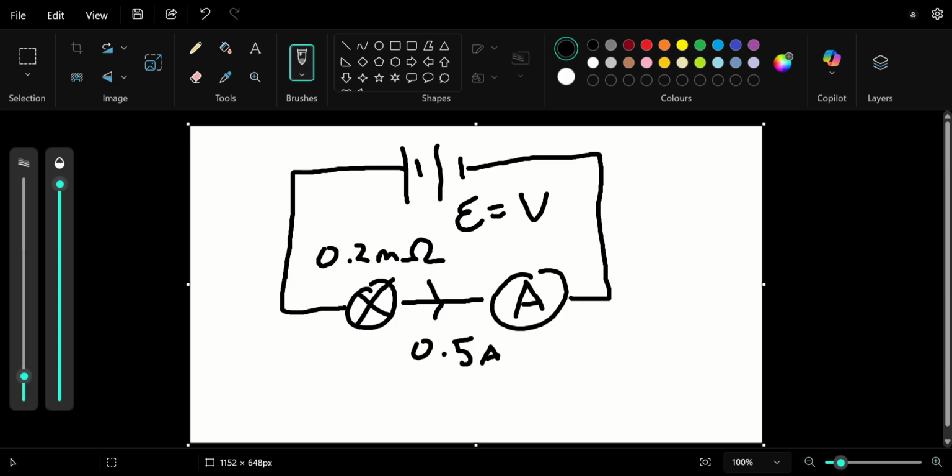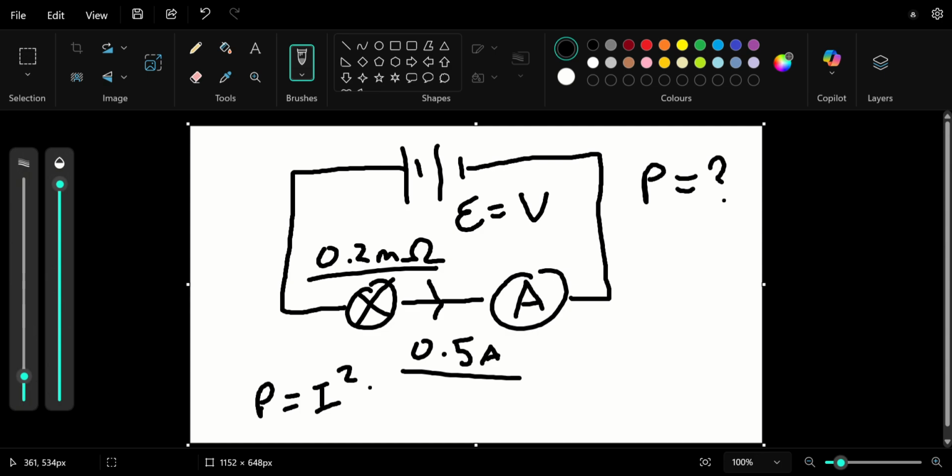And now we're going to solve for it. The question is to find the power across the filament lamp. Using our equation, here we have the current and we have the resistance. We do not know the voltage, so that's not going to be part of our equation.